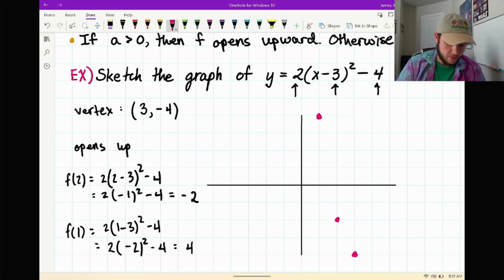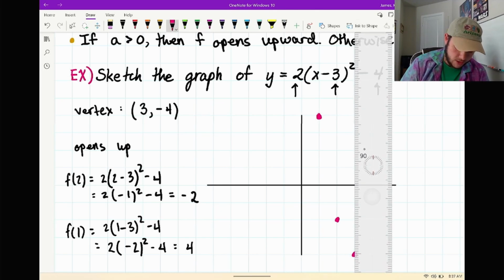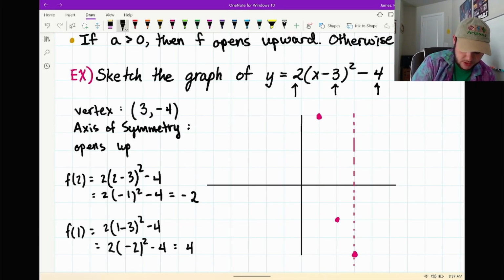Now, here's where we're going to make our life a little bit easier. All of these parabolas have what is called an axis of symmetry, and it runs right through the vertex, a vertical line running through the vertex. So the axis of symmetry is the vertical line running through the vertex, so that's going to be at x equals 3.